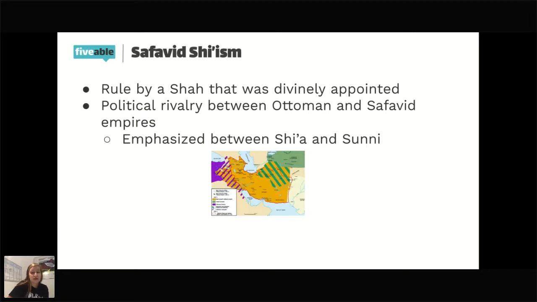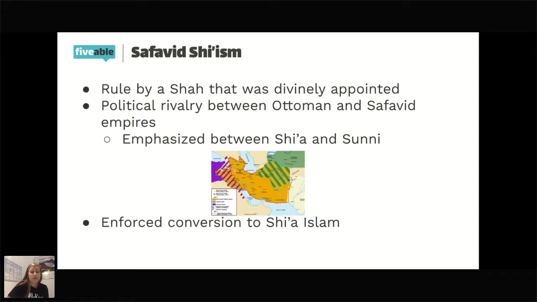The Safavids launch a vigorous campaign to try to convert their people to Shia Islam. They're going to use enforced conversion, meaning that they're going to force you to convert to Shia Islam, trying to eliminate the Sunni Muslims in that region.